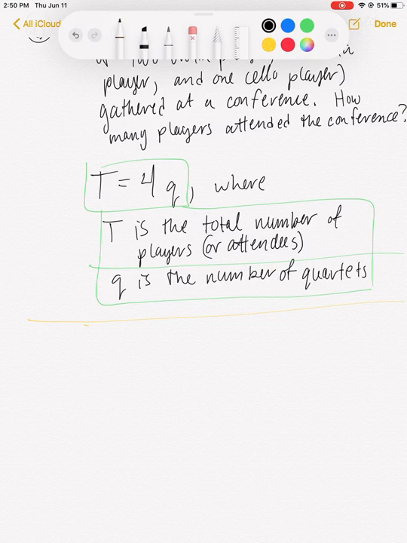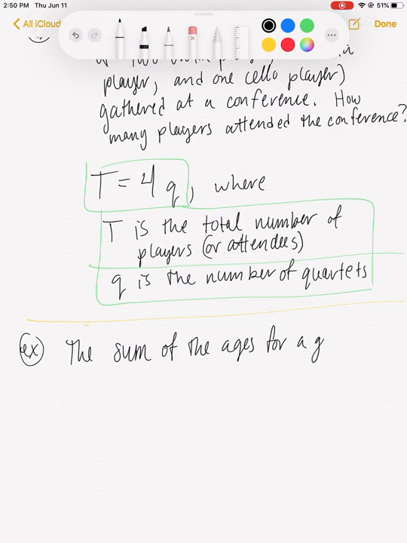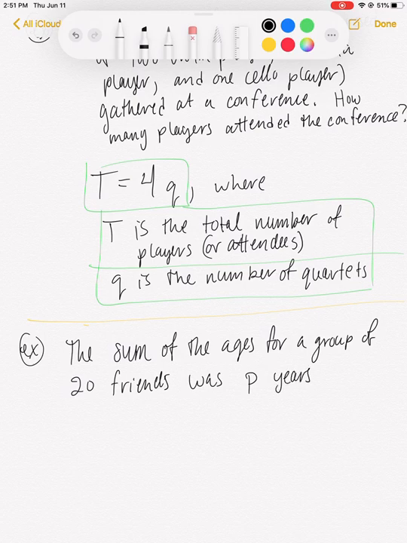One last example. The sum of the ages for a group of 20 friends. So the sum of their ages was P years. Okay, so we don't know exactly how old they were.